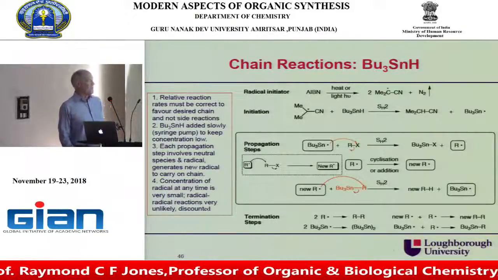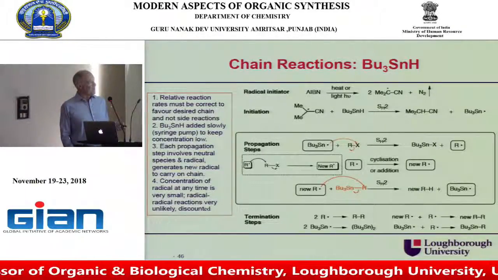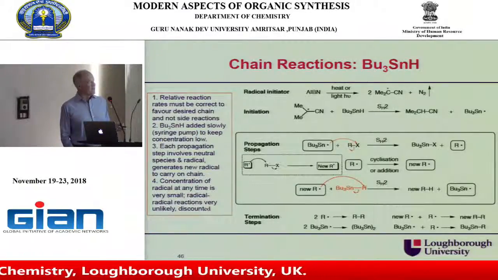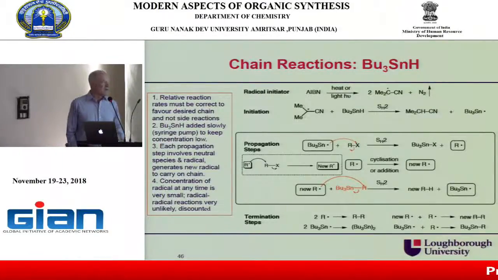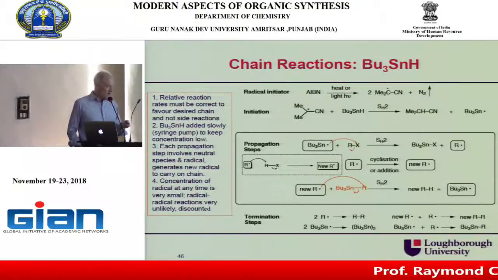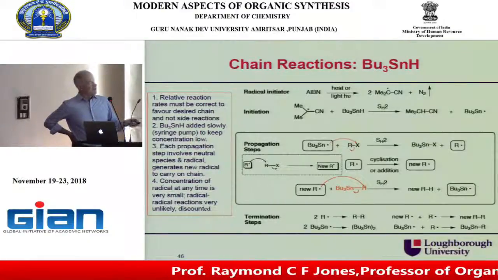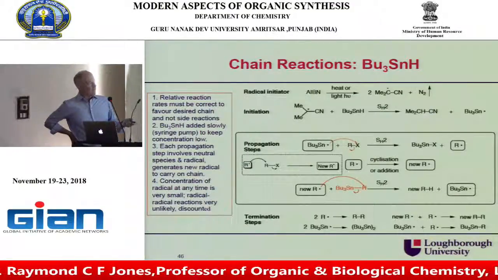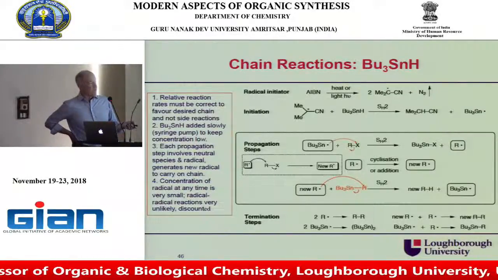Then the carbon radical, depending on what it is, will react with another organic molecule, which may be the same or different, to produce a new radical, and so it goes on. It may cyclize, or it may add to something, and basically you're getting a new radical, and we'll see examples of what's going on here as we look at particular chain reactions. So this bit in the middle here is where the reaction is happening, and then once everything's reacted, your final radical needs to stop being a radical.